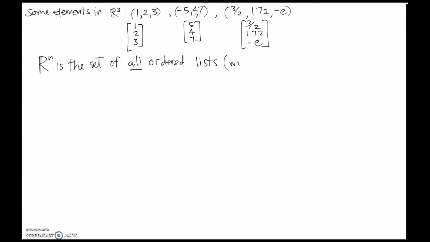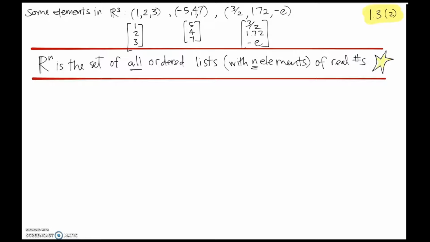We'll get a lot of good practice with this. Rn is an idea that we definitely want to remember and get down really well.